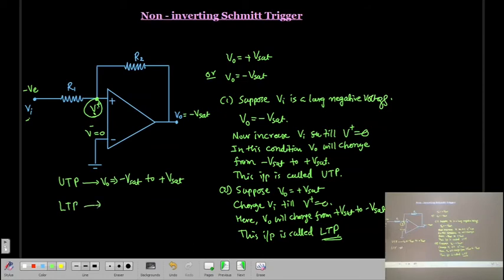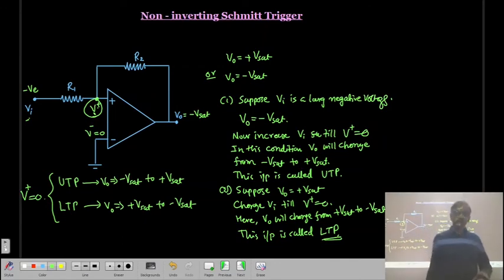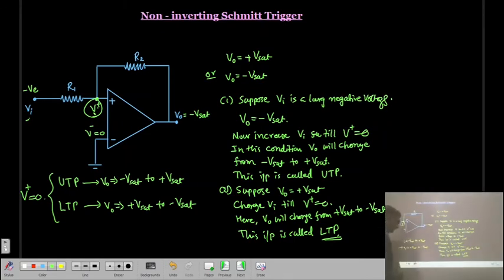Whenever the input voltage crosses the LTP, the output voltage will change from plus V saturation to minus V saturation. And in both cases, for LTP and UTP, my V plus is going to be 0. Then only the transition will take place. Okay. Now let us see what is the formula for LTP and UTP.